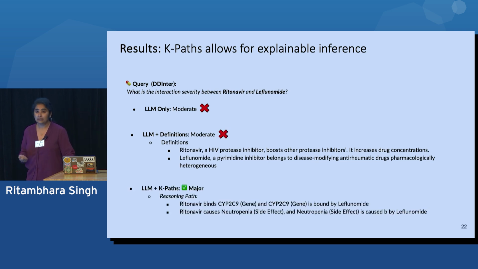But with K-PATHS, the model gives the correct answer. If you look at the reasoning path, you can see why the model was able to make an accurate prediction, because we have provided it some information about the genes that the two drugs bind to and the side effects the two drugs have individually. So combining them would lead to a major side effect.